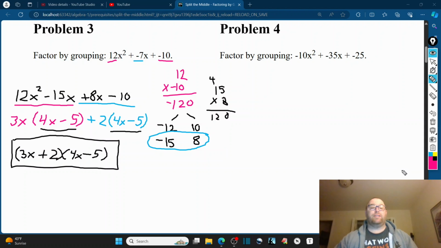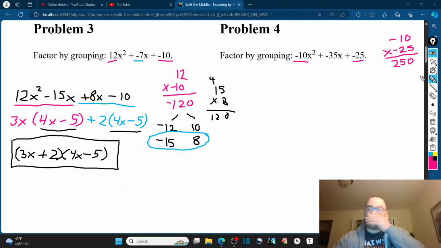Let's take a look at the last one, number 4. We're going to multiply negative 10 by negative 25. So negative 10 times negative 25 is going to be a positive 250.